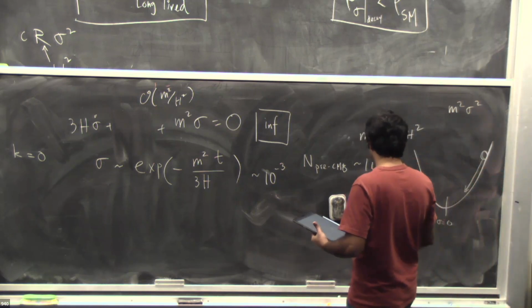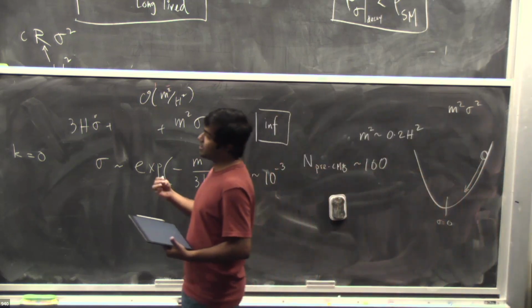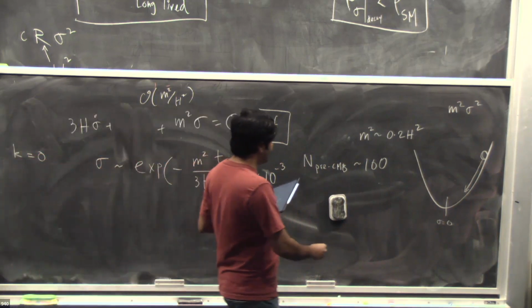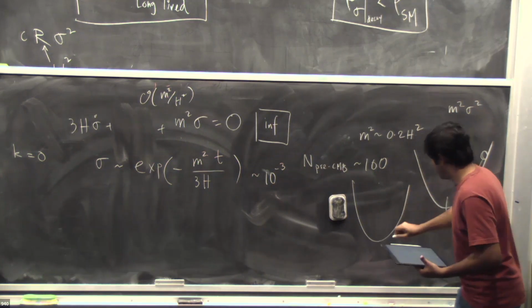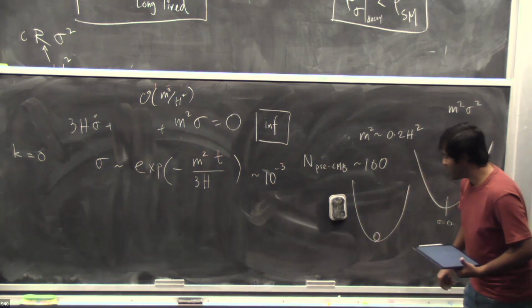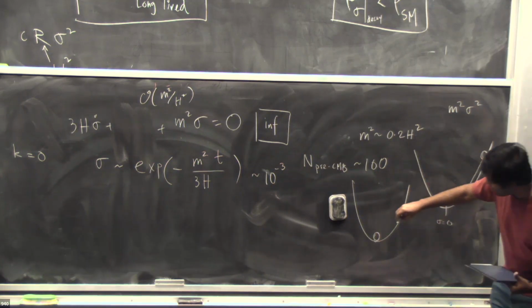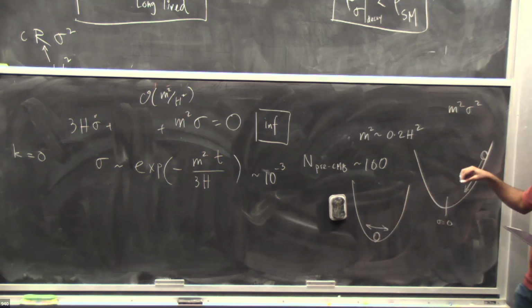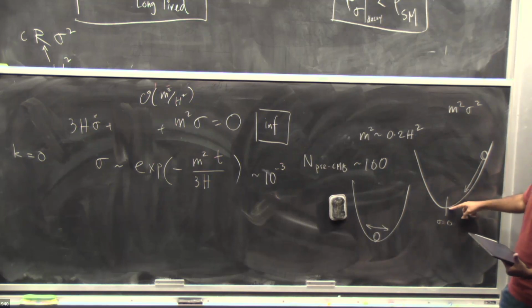So eventually, when you are in this part of the plot, you have a field that is localized at the bottom of the potential, but it's quantum mechanically fluctuating up and down. So it's not exactly strictly localized to sigma equals 0.